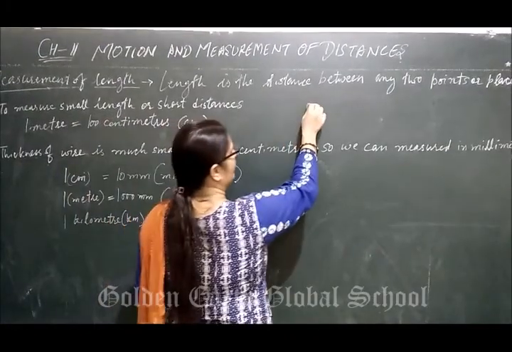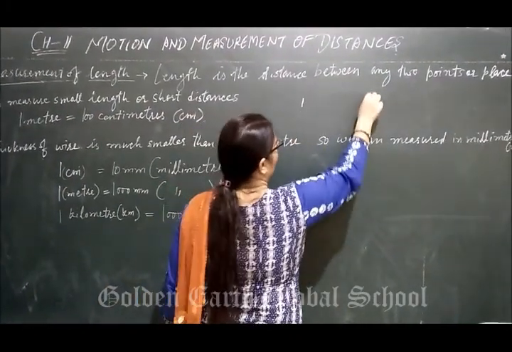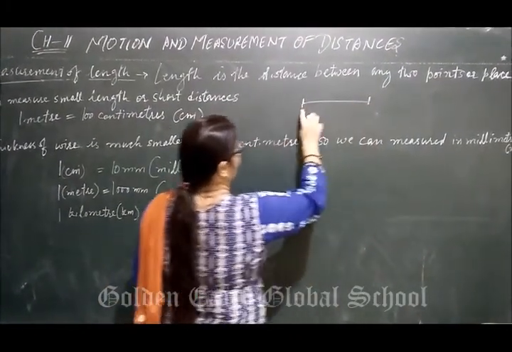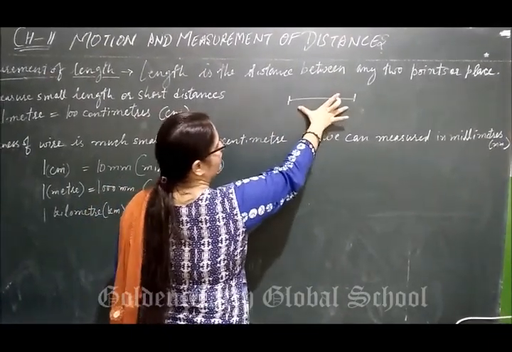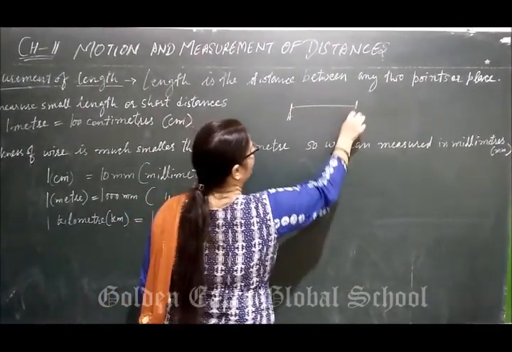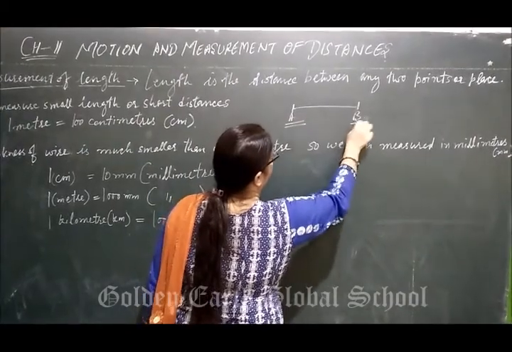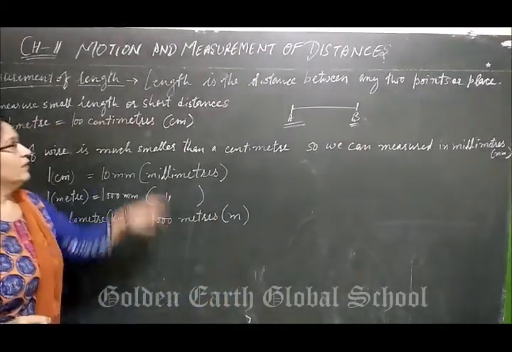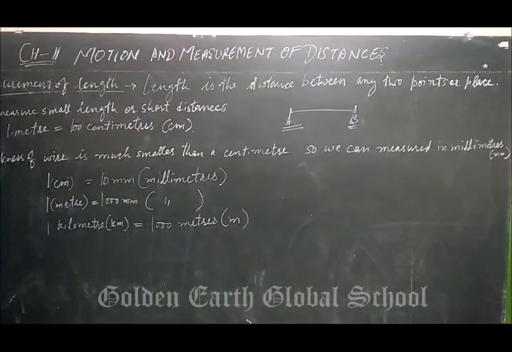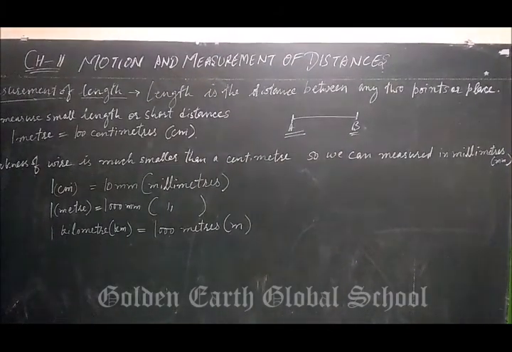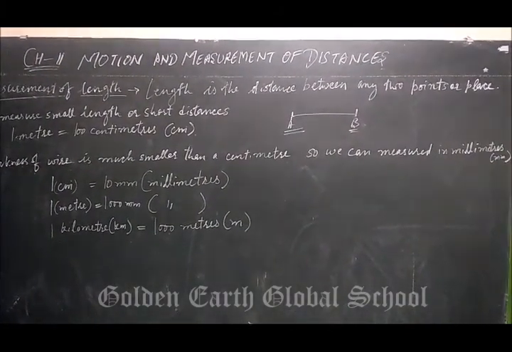For example, suppose from this point to this point I can draw a line. So we can measure the length between these two, point A and point B. Clear? So that is the length. Length is the distance between any two points or places.